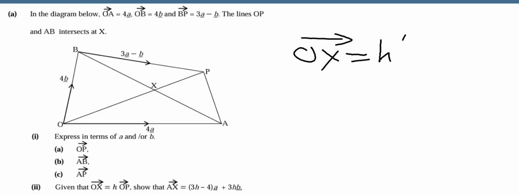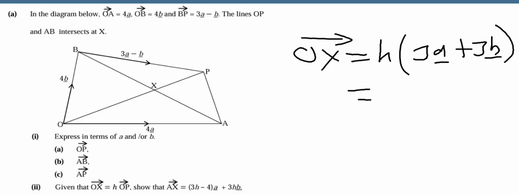So we can say here, open bracket, 3A vector plus 3B vector. Then from there now we multiply. So where we have OP vector, we put it in brackets and multiply to get the answer.